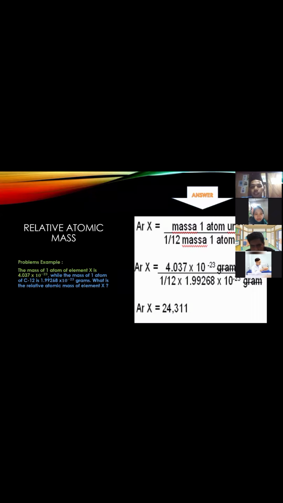Example: the mass of one atom of element X is given, while the mass of one carbon-12 atom is given in grams. What is the relative atomic mass of element X? Answer.